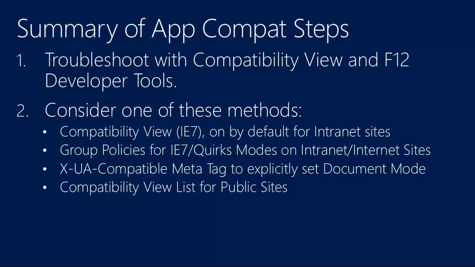The X-UA-Compatible tag is a way of the site telling the browser explicitly what compatibility mode to use. So again, it's cheating a little bit because it's cracking the code, but even I can use Notepad. Even I can go into a legacy site and may be able to make a change to the header. So that's not too bad.